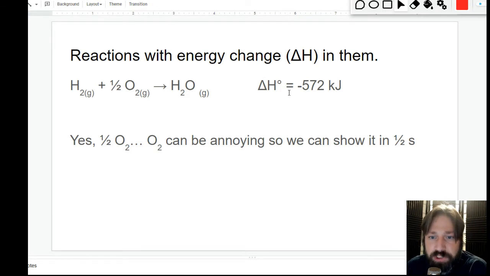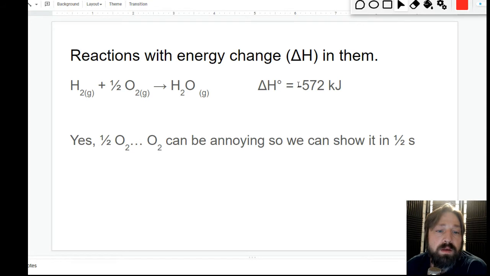Our delta H for this reaction is negative 572 kilojoules per mole. Now, that's a fair bit. It's pretty energetic, and that makes sense. You remember the reverse of this reaction would be a positive 572 kilojoules.